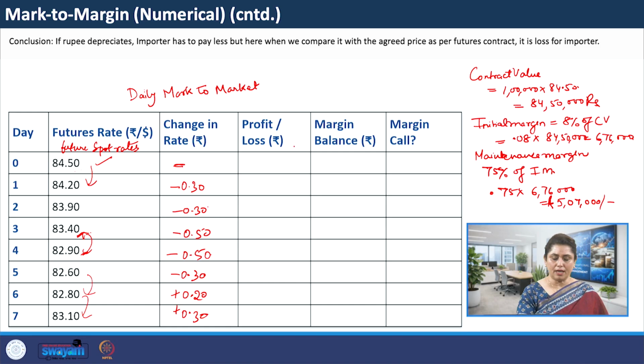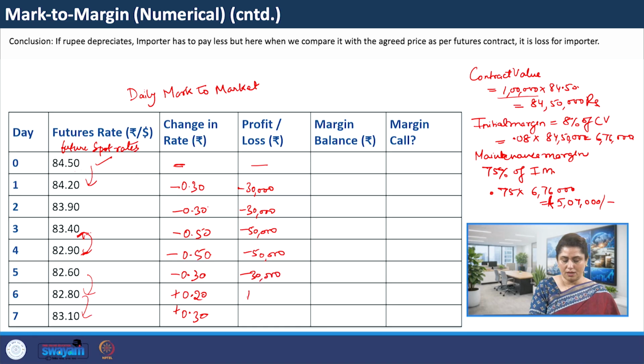Now if we have to calculate the profit and loss, it will be according to our contract size, which is $1 lakh. So here there is no loss, but here there is a loss of 30,000. Again there is a loss of 30,000, loss of 50,000, loss of 50,000, loss of 30,000, then gain of 20,000, and again gain of 20,000.